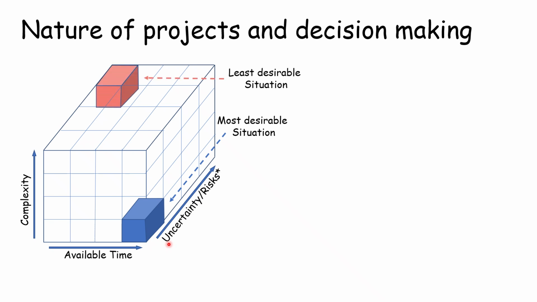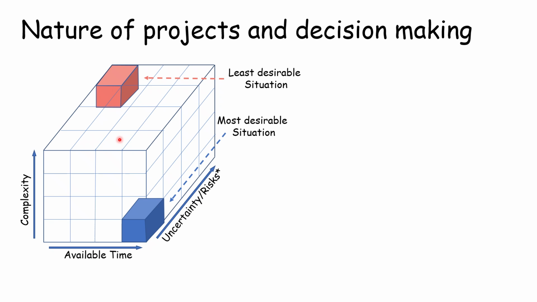But on the other hand, there is the least desirable situation where the complexity of the project is very, very high, the available time is less, and there are loads of uncertainties or risks associated with the project. We should aim to get, or realistically we get, projects which are somewhere in the middle. It's not too complex, we have relatively enough time, and the uncertainties are also under control.